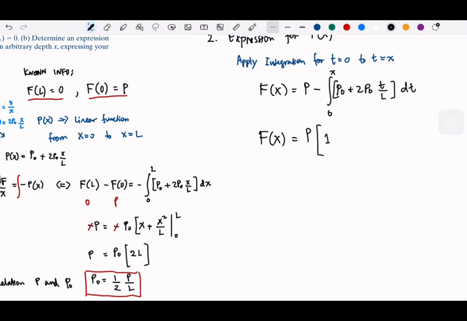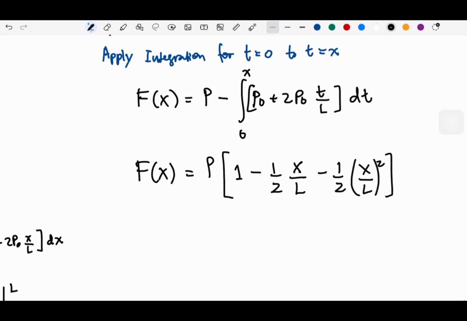So this is 1 minus half x over L and then minus half x over L squared, after we get through all the result of the integration. I'm skipping some process here, but I hope you understand how to integrate this. This will give you the t and t squared over 2, and we can cancel the 2.